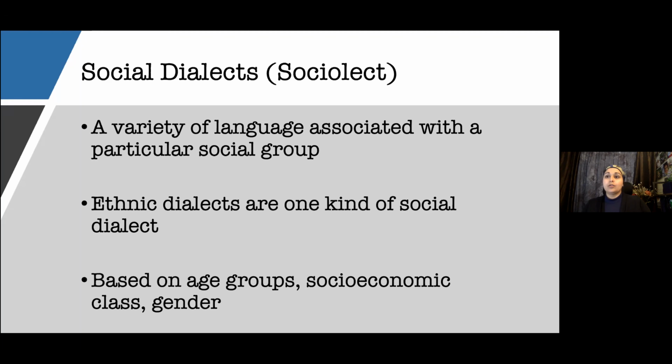However, removal of R in an area such as Charleston is actually considered to be someone of a higher social class. So it's interesting how these social dialects, depending on where you are and who is listening to and interpreting your dialect, will have an influence on how you're perceived by others within the area. And it's based on age group, socioeconomic class, and gender.